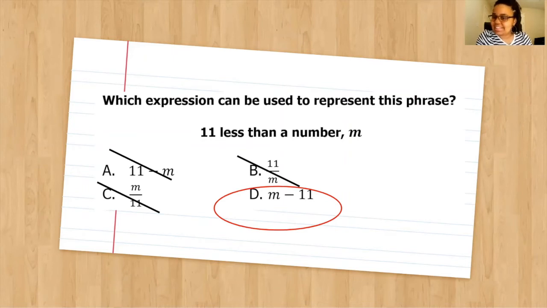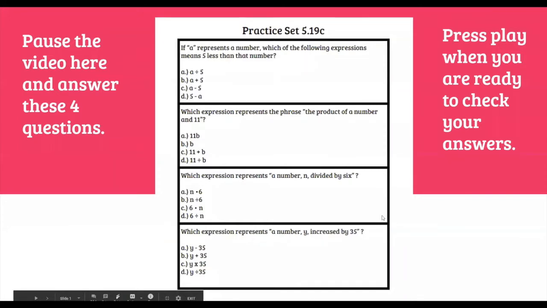All right, let's take a look at your practice set problems for today. Here are your practice set problems for today. The first problem says, if a represents a number, which of the following expressions means 5 less than that number? The next question says, which expression represents the phrase, the product of a number and 11?